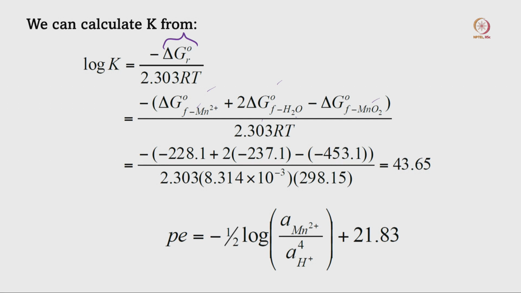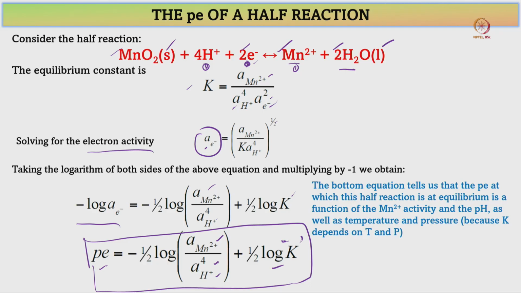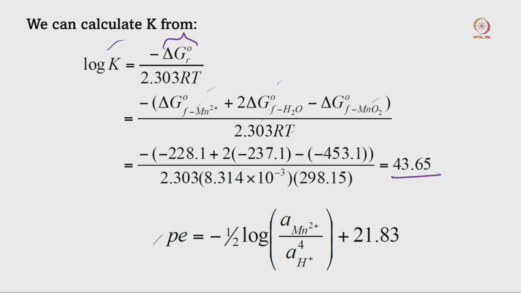You consider RT at normal 25 degree condition, and you find what is the pe. So, the log K value comes out to be 43.65. Therefore, our pe, if I just plug in half of that 43.65, becomes minus half log of A Mn2 plus and A H plus to the power 4, plus half of this value, that is 21.83.